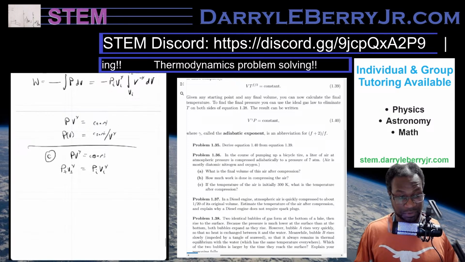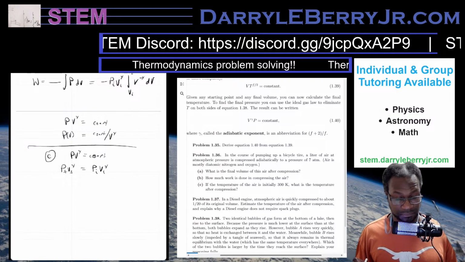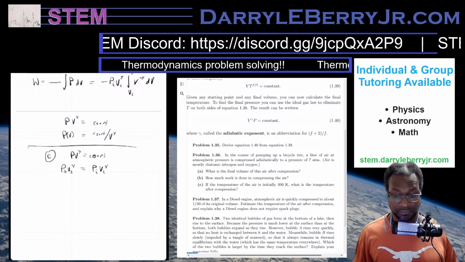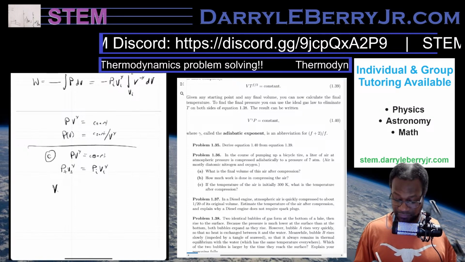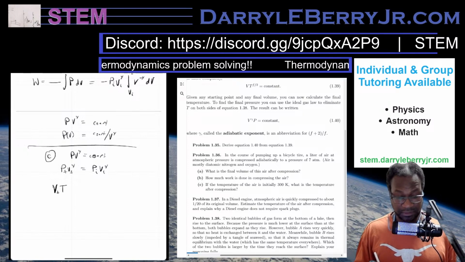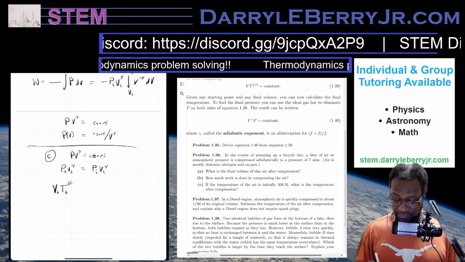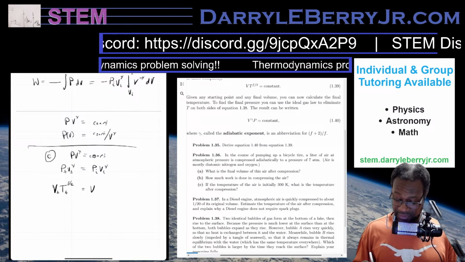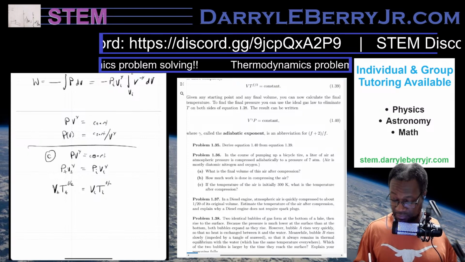We want the temperature. So you need to write this equation on the formula sheet. VF TF f over 2 equals VI TI f over 2.